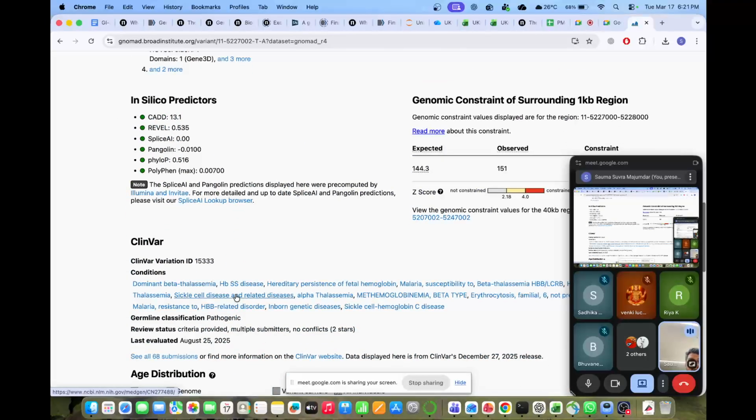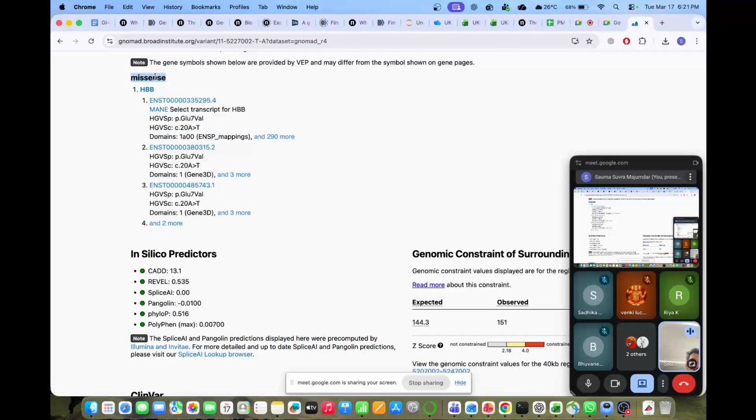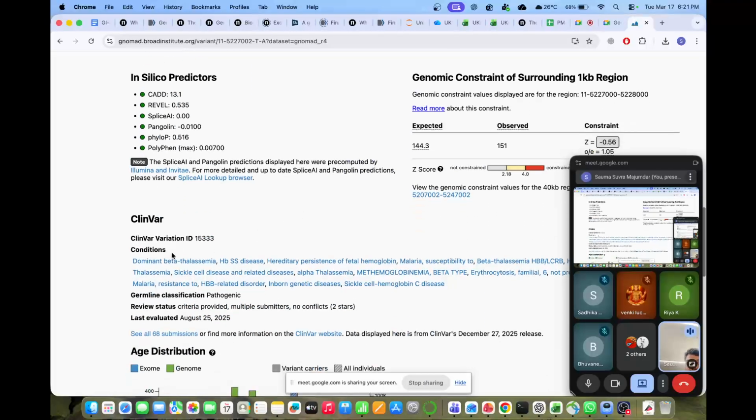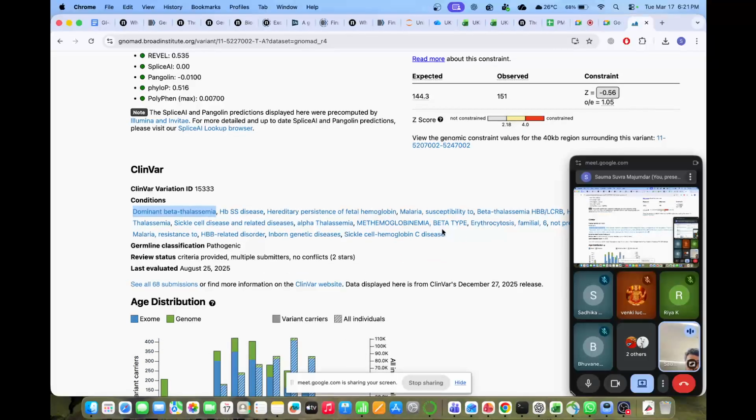So not all disease-causing mutations are loss of function or gain of function. This is neither. This is a missense variant. Missense is just changing the amino acid at that position, and it is causing sickle cell disease and malaria resistance and all those things.